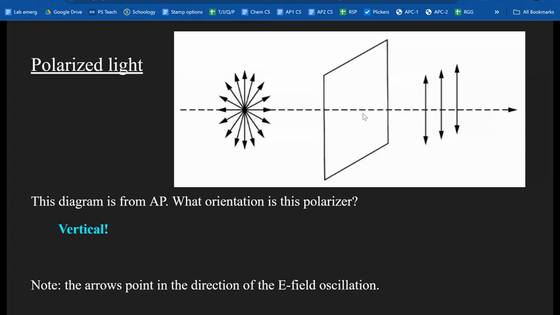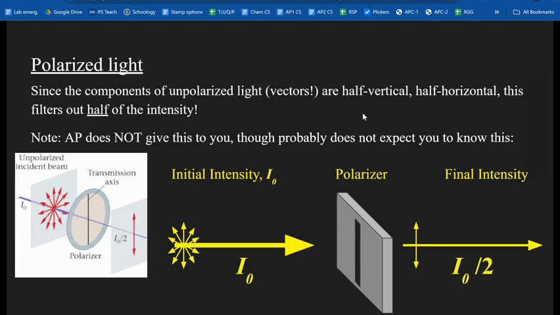This next slide, please do not write any of this down because this is not something that you're expected to know. It's just kind of a cool thing that I think is really awesome. If you send unpolarized light through a polarizer, you get half of the light. Essentially, that's because electric field is a vector.